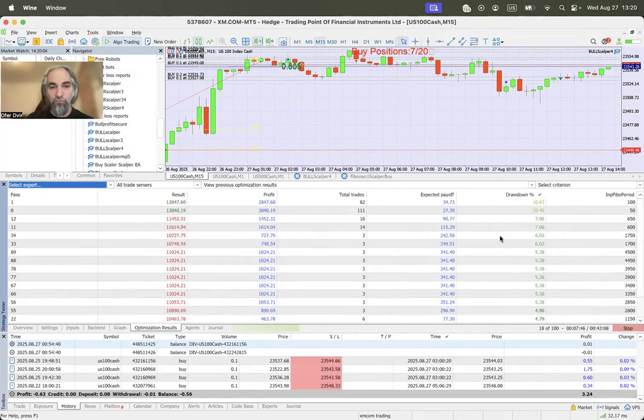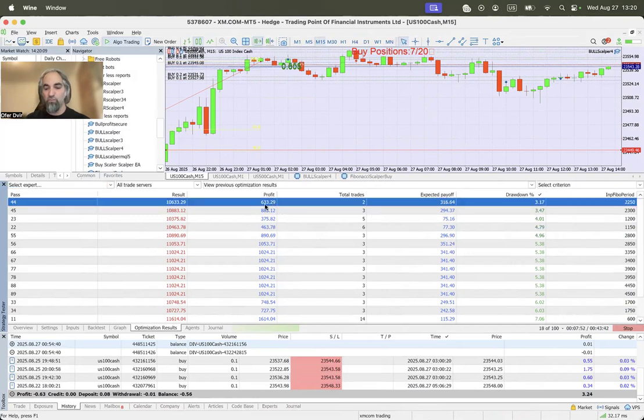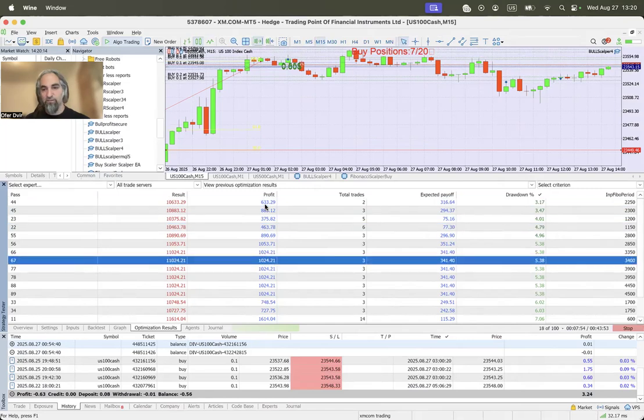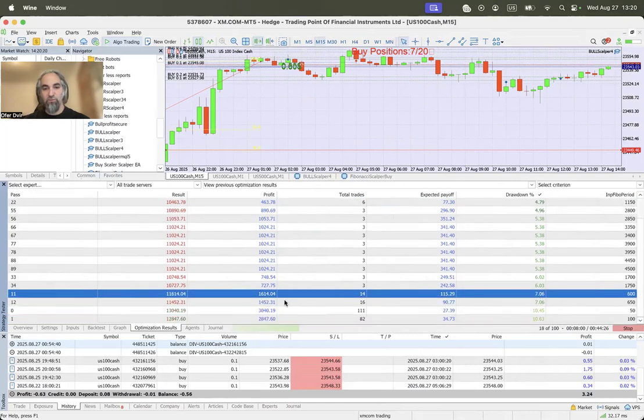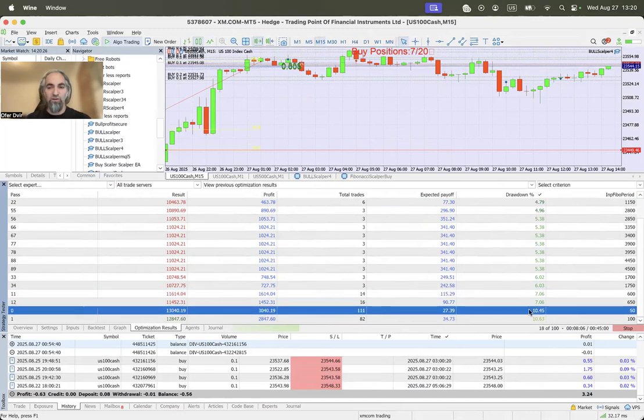What I like to do, for example, is sort it by drawdown and then start with the keys, just walking until I find something that I like, maybe this one. It's a good ratio, 7% drawdown, it's 1,000, or of course the 10% drawdown is nothing.